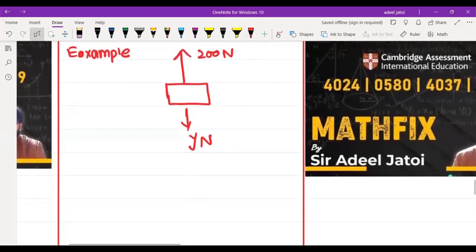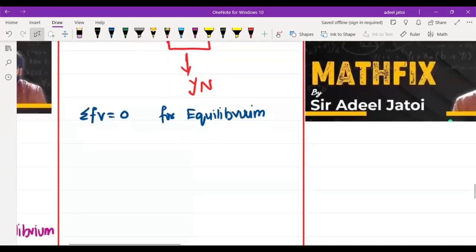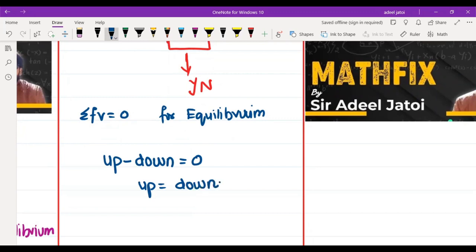So when we have vertical force, the summation of vertical forces should be equal to 0 for equilibrium, which means up minus down should be equal to 0, or up is equal to down.